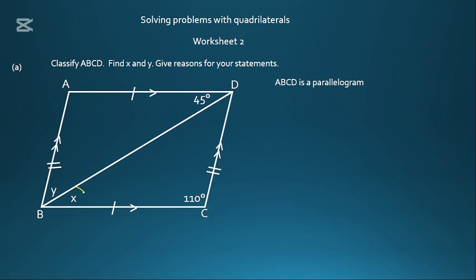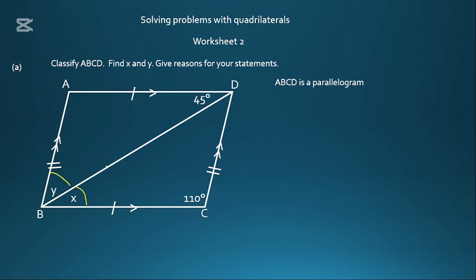X is over here, y over there. Okay, I can see two triangles, and I can see angles in between parallel lines. You see there? This line is parallel to this one. So we can even call this now a transversal, although it is a diagonal.